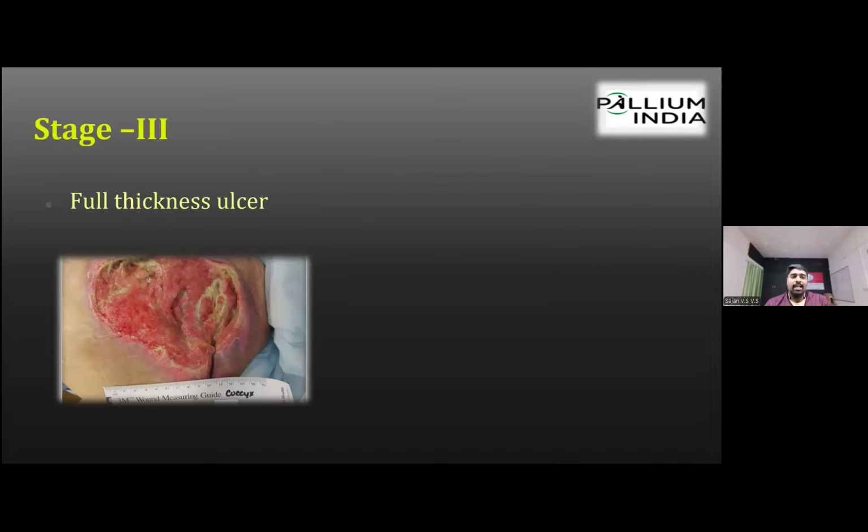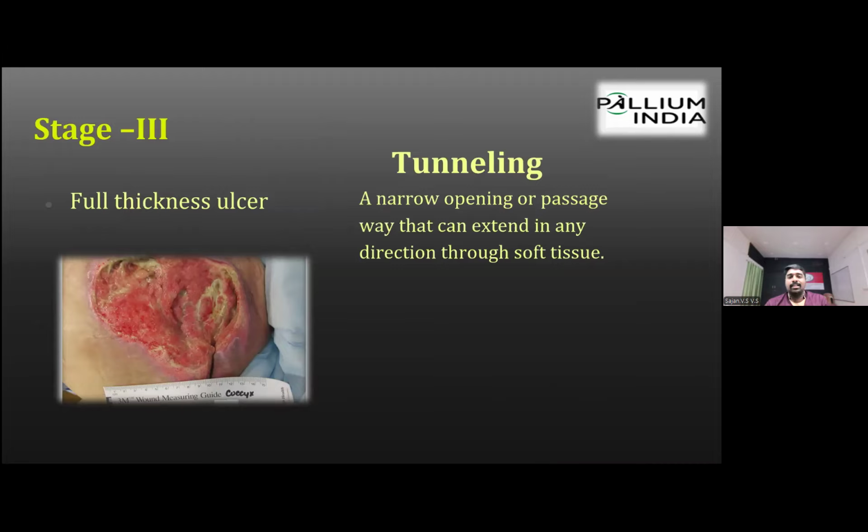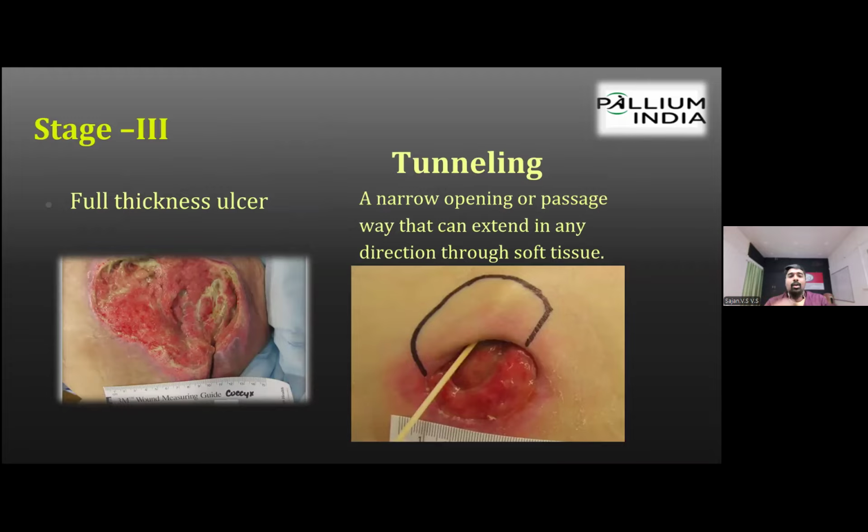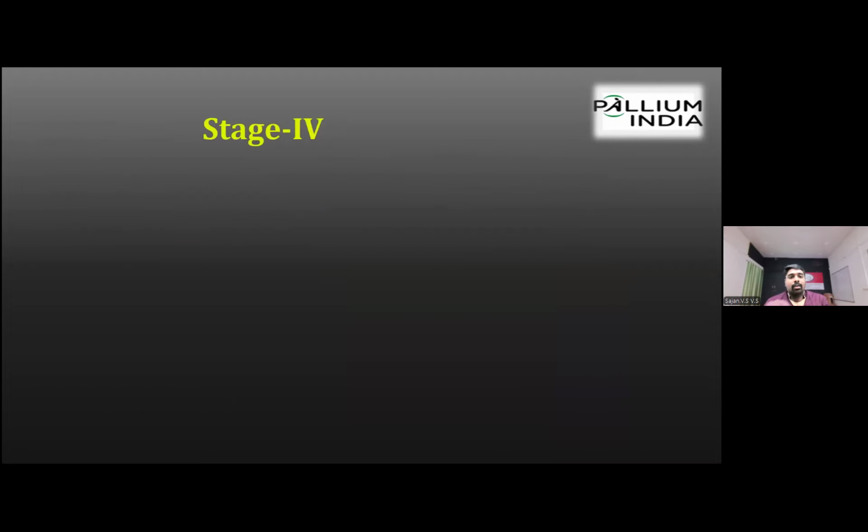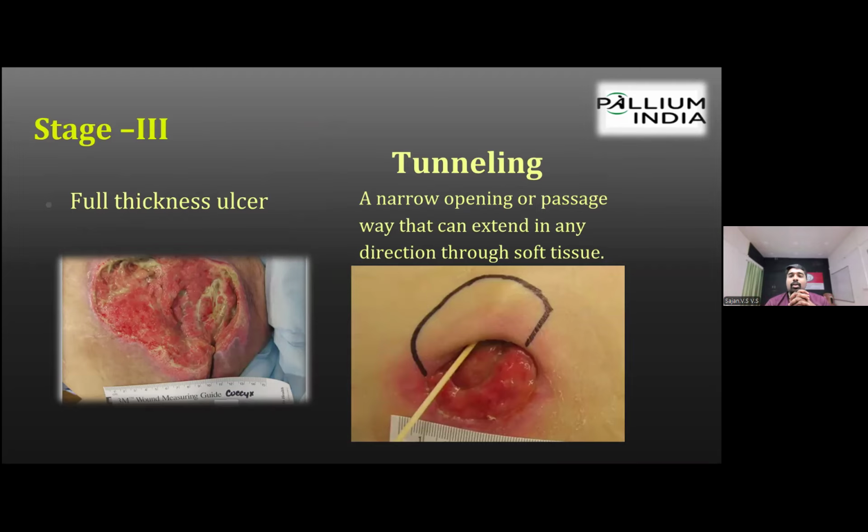This one is stage 3, full thickness ulcer. We can call it completely affected full thickness ulcer, but bone, muscle or tendon are not visible at all. Nothing is visible, but it is affected more in depth. Maybe slough or granulated tissue will be there; we can expect both in stage 3.